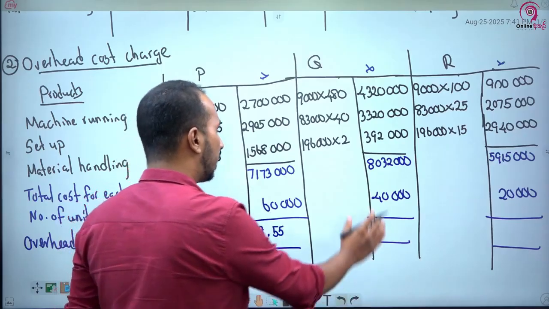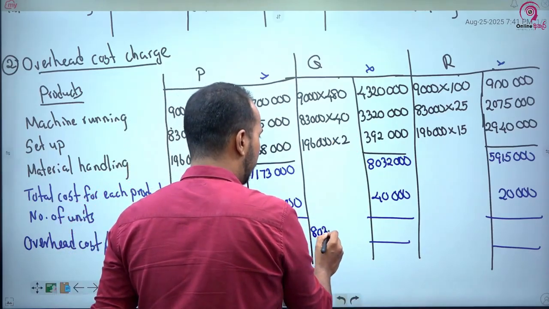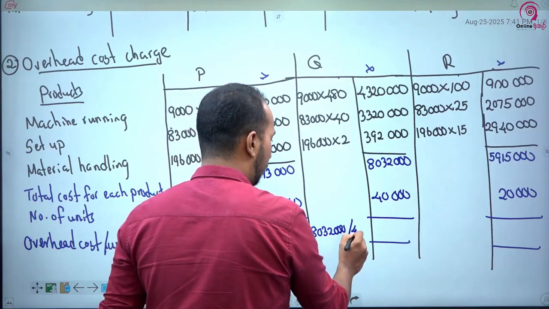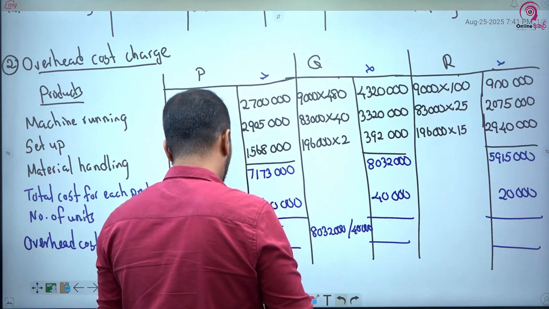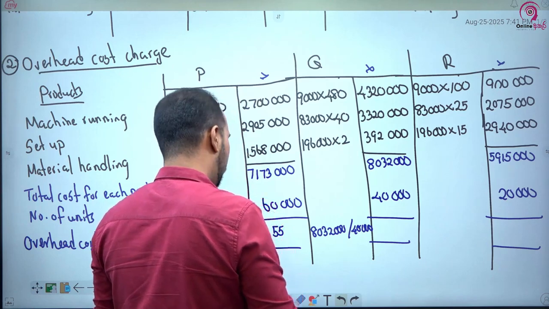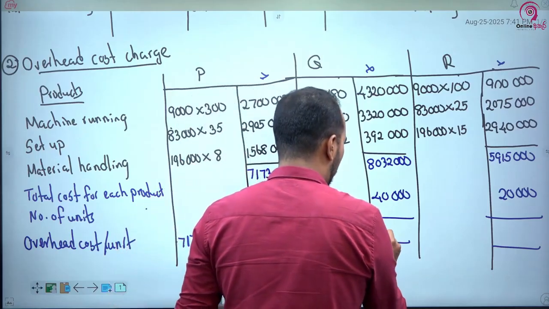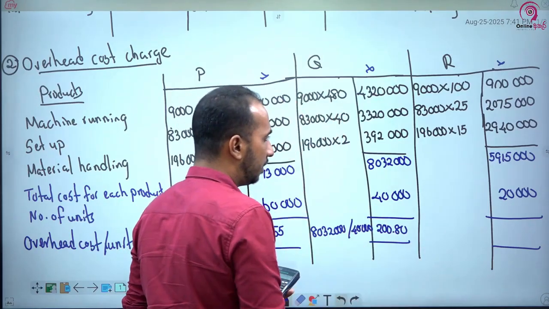In the same way, you can calculate for product Q. The total cost charged for product Q is 8,032,000 divided by 40,000 units. So what is my cost per unit? It is 200 rupees and 80 cents.